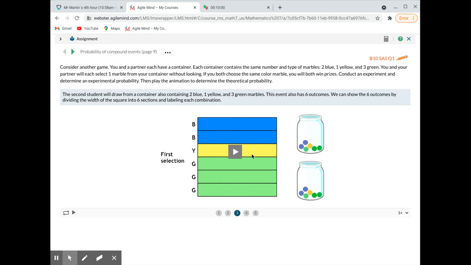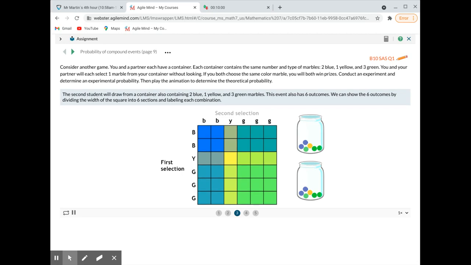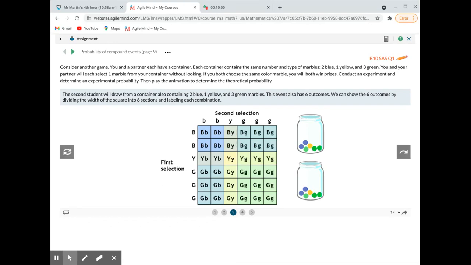What I'm saying, though, is how does it help you? What does it allow you to do? Like divide your sections up. And then when you divide your sections up, it allows you to see what? All of the possible outcomes. Perfect job.